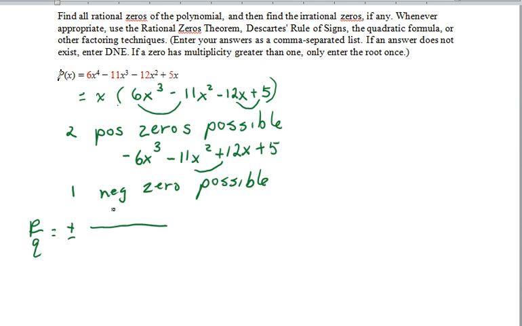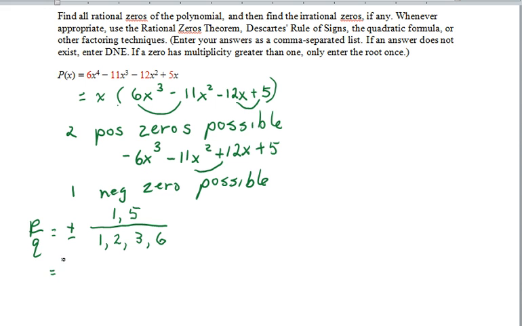The divisors of 5 are 1 and 5. Those are the only options for the numerator. And the options in the denominator must be divisors of the leading coefficient, which is 6. So 1, 2, 3, and 6.